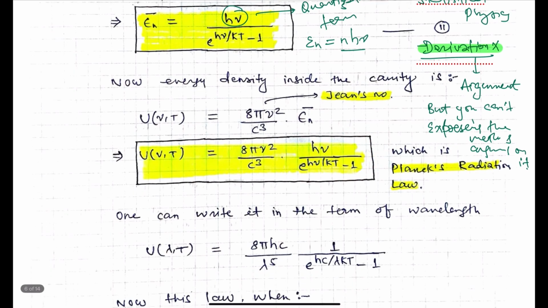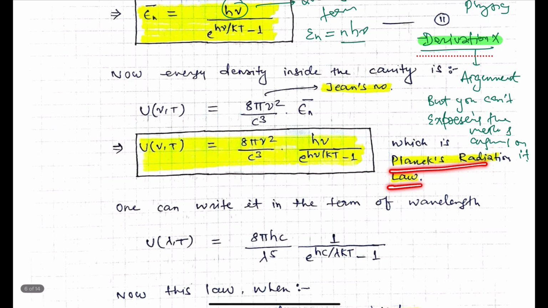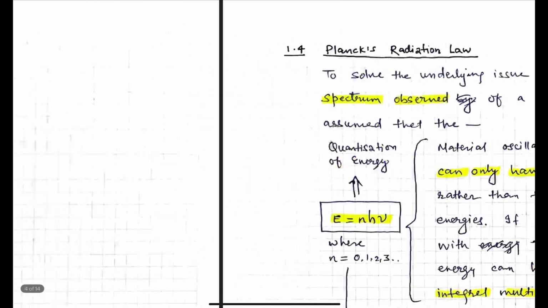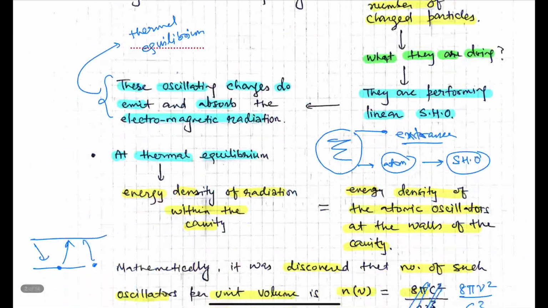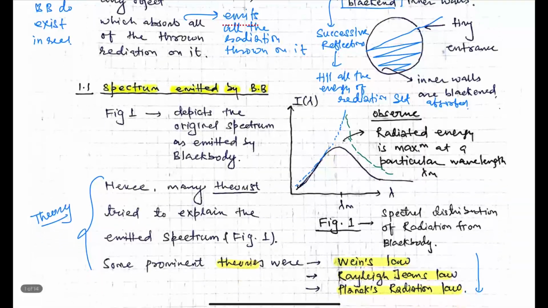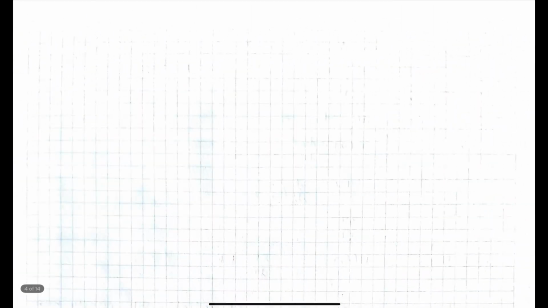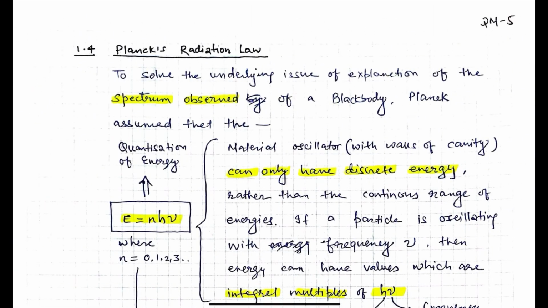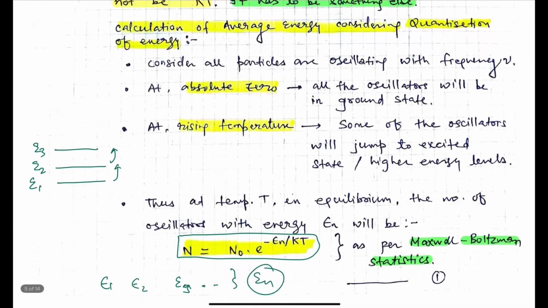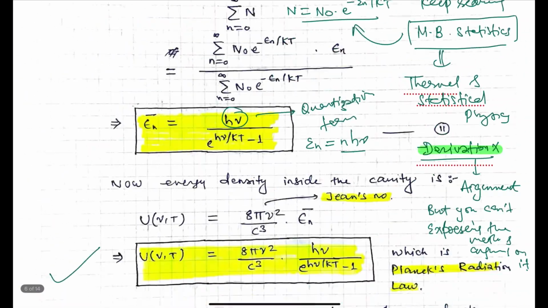Okay, and this is nothing but Planck's radiation law, and the beauty of Planck's radiation law is that it fitted everything well. It passed the test of the spectral energy density curve. So this is what we had, the spectral energy density curve. So it passed the test. That is why Planck's radiation law was accepted, and Planck's hypothesis was further used by Einstein to study the photoelectric effect.